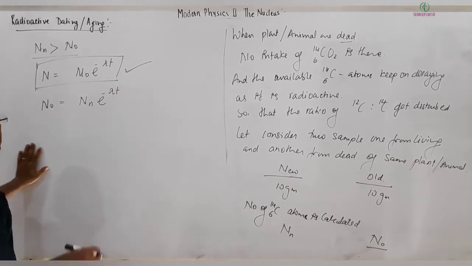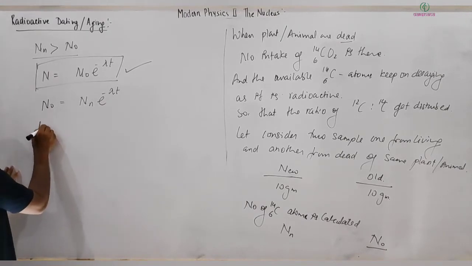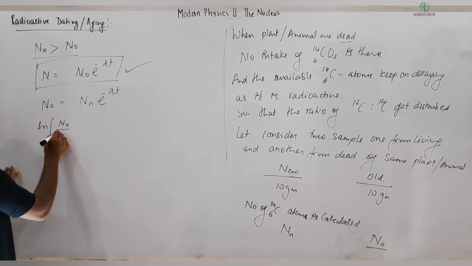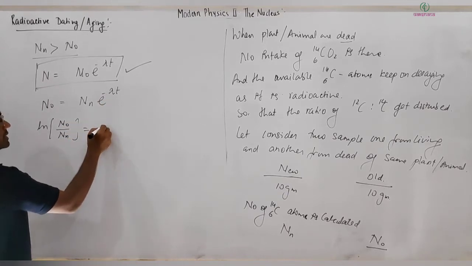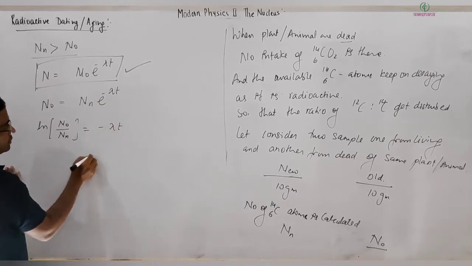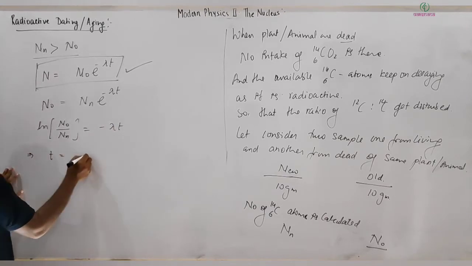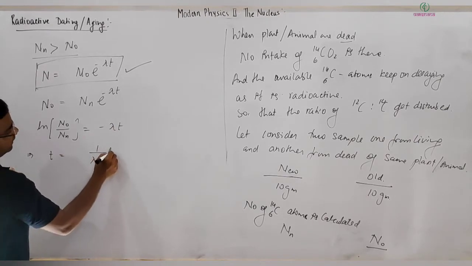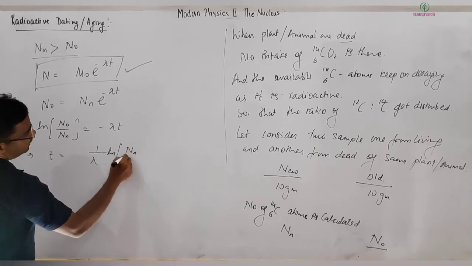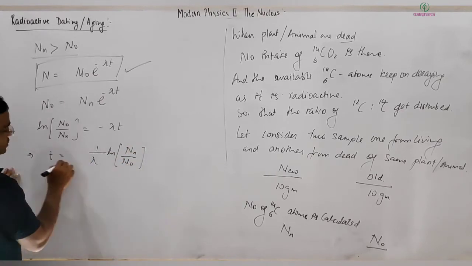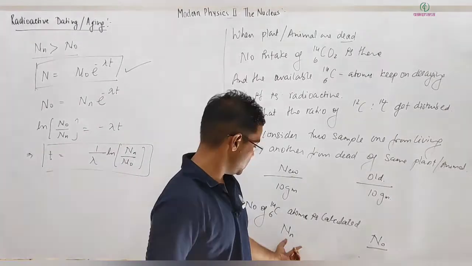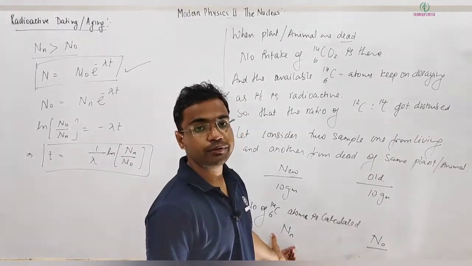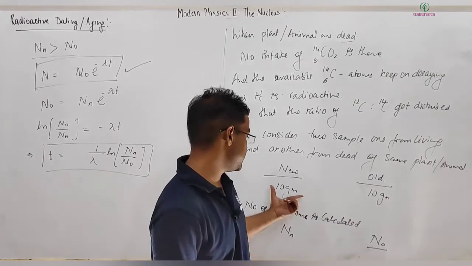I can take log on both sides, and this comes out to be ln N naught by N equal to, if I take ln this side, minus lambda into t, and this implies t is coming out to be 1 by lambda ln N divided by N naught. Remember here N means the number of carbon 14 atoms present in 10 gram.